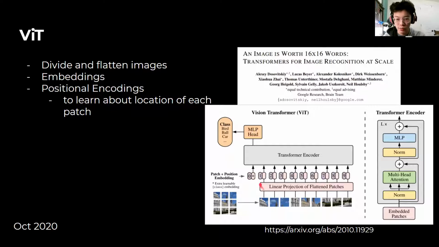So in each position, we have a different matrix that represents the position, which is the positional encoding. And then throughout training, it will just learn where these patches would be in space, and it just learns by itself.